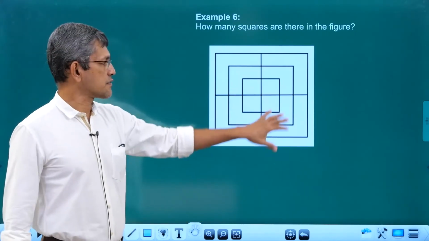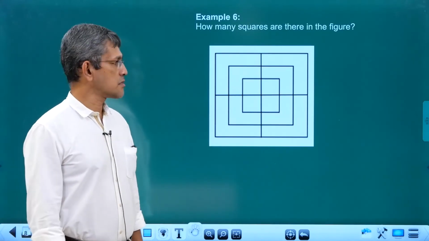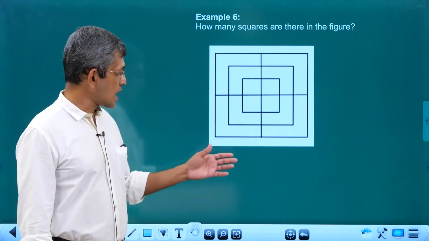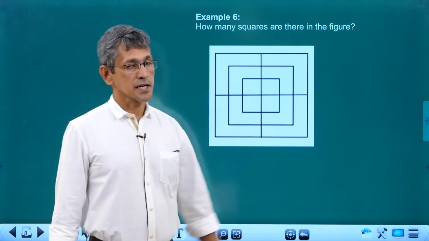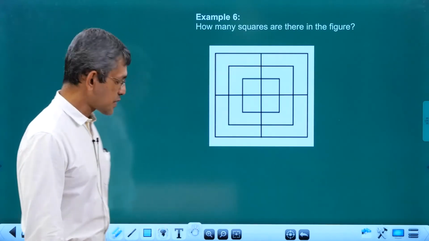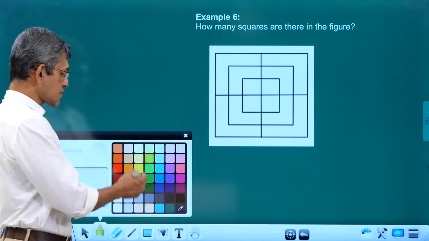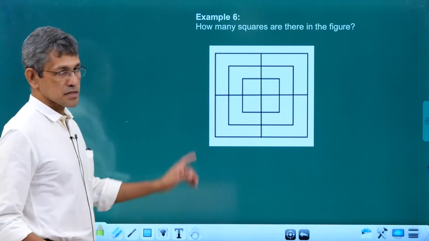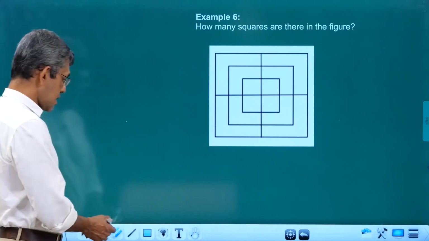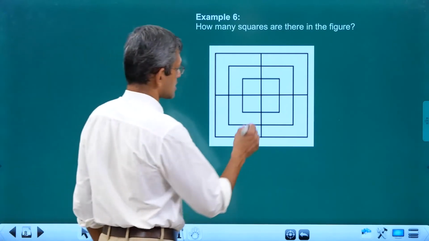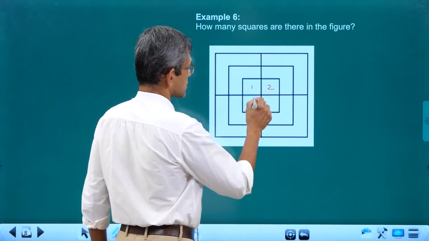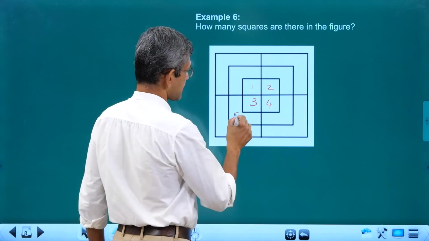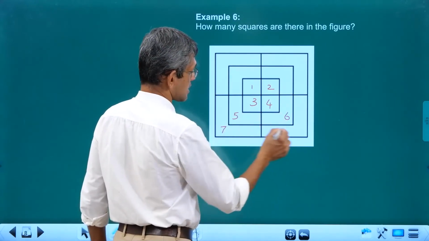But this one is totally different. It is not a regular matrix. In that case, how do we find how many squares are here? The method we have here is not the shortcut method, but it is a counting method. How do we count it? Let's mark the pieces like this: 1, 2, 3, 4, 5, 6, 7, 8.